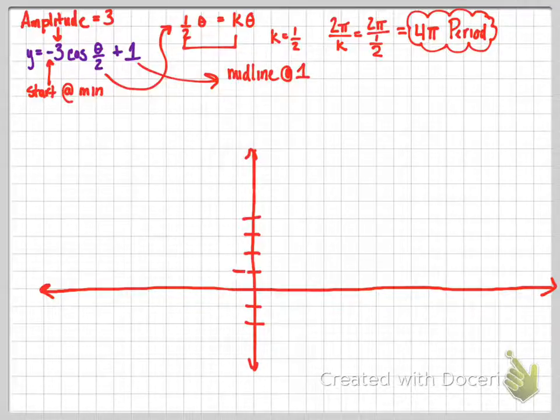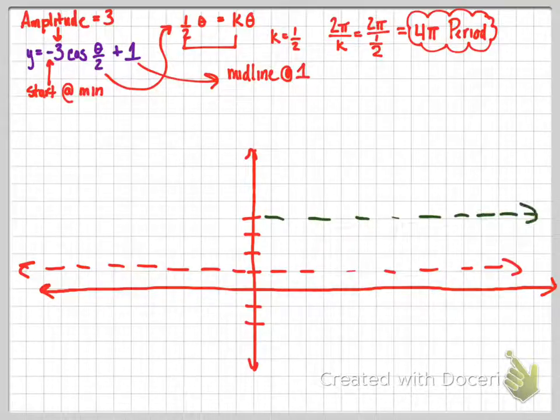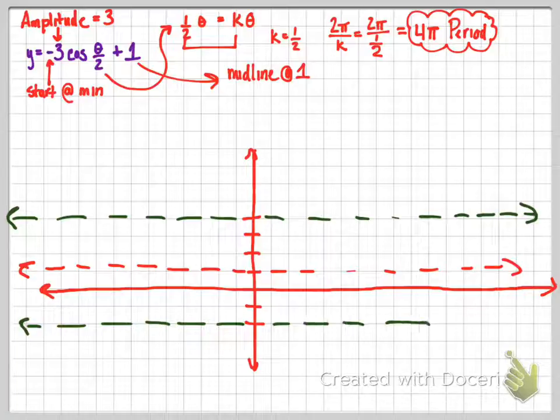So here I have +1 for my midline. And then I have a maximum value 3 spaces above that, and then a minimum value 3 spaces below that. Okay, so this represents the bounds of my cosine function.